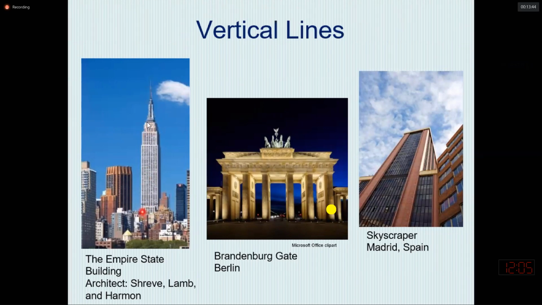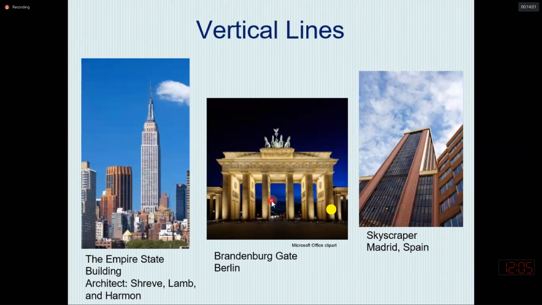This means that the building is a multi-storied building designed by Shreve, Lamb and Harmon, the architects. So it shows that the building having approaches to the sky, having some dignity, some verticality in it.